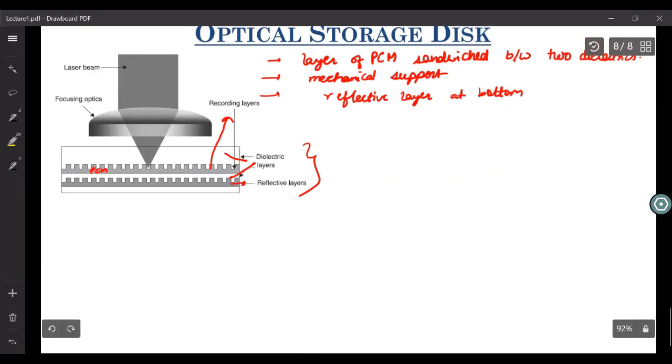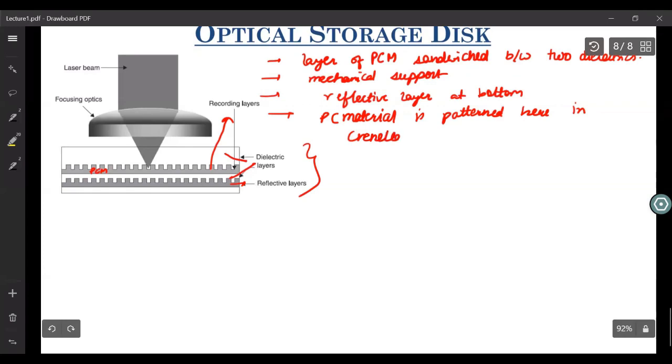And then this phase change material is patterned here in what is known as a crenellated shape.